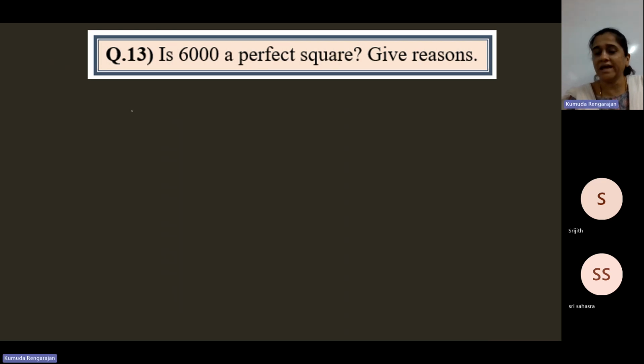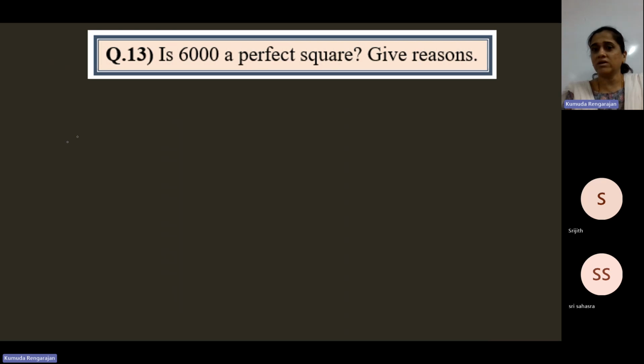A number that ends with an odd number of zeros cannot be a perfect square. Ten is not a perfect square. 100 is a perfect square. A number that ends with an odd number of zeros cannot be a perfect square. So it's not a perfect square, we know.